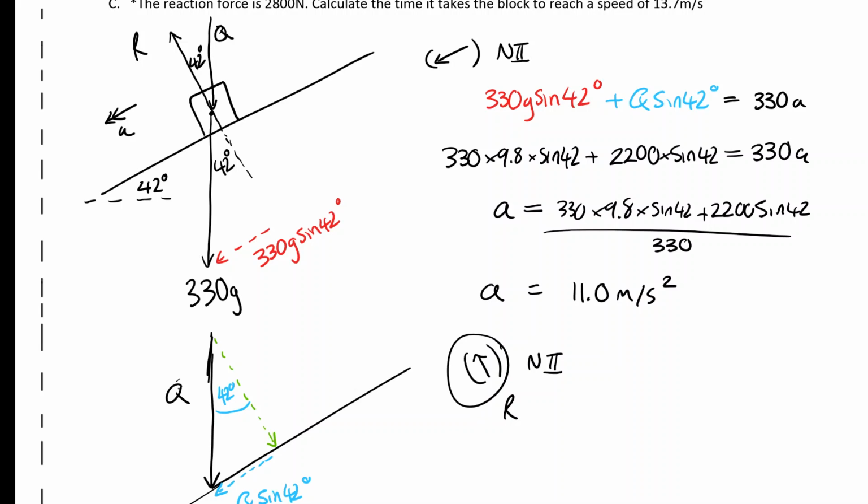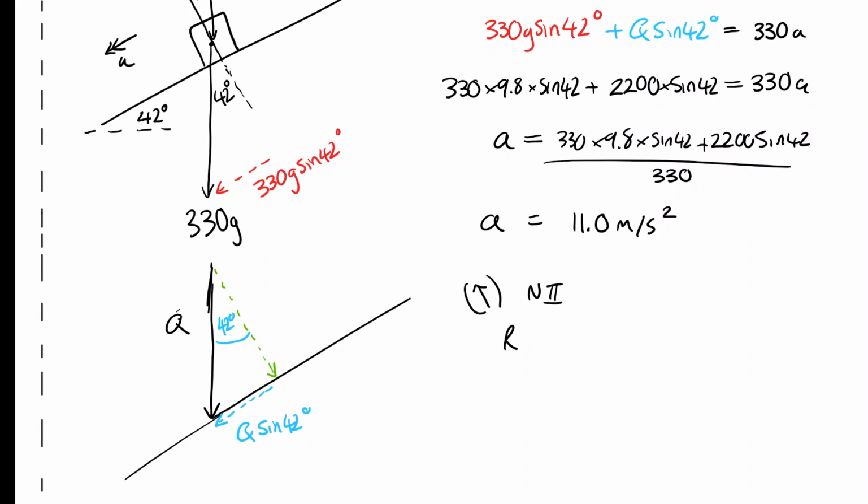It follows this direction. So we write R. Then Q, if we look at its components, this green one here, that's just been highlighted, is acting straight down into the slope. So that's negative.